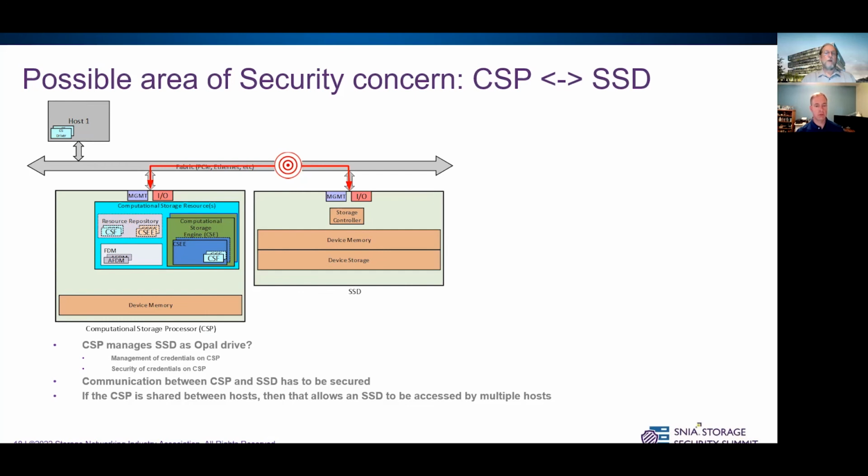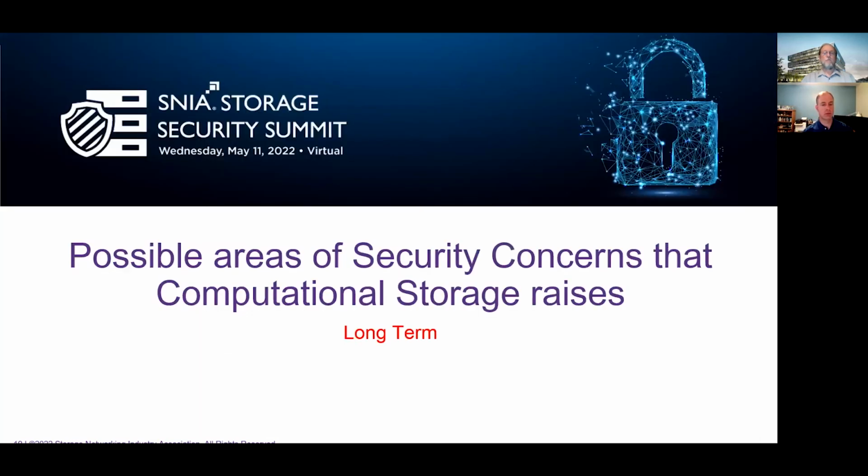However, for the intermediate term, we are still considering only configurations that have a single or a secured connection between the host, the CSP, and the SSD. So all of those are the intermediate term. We have not started addressing those yet. As we get to the summary, Jason will talk about how you can help us look at the intermediate term.